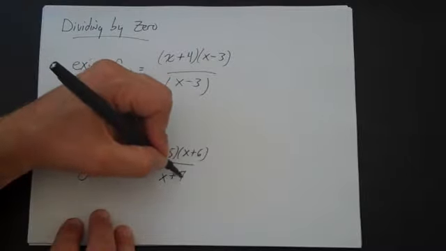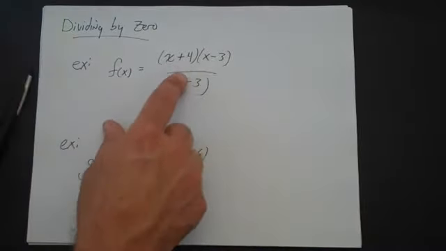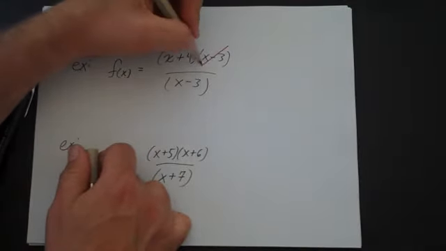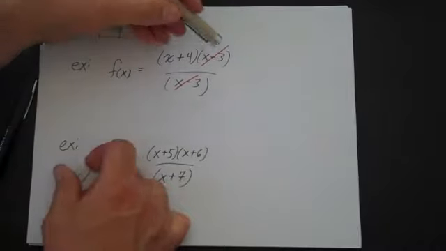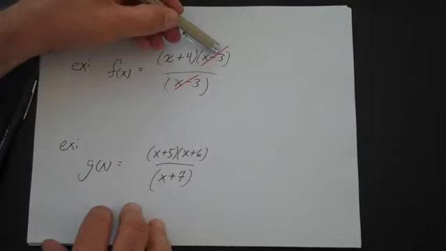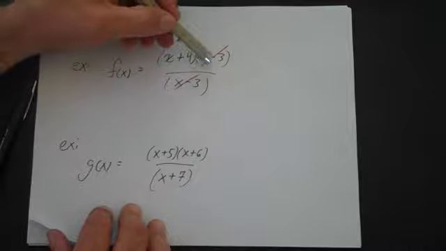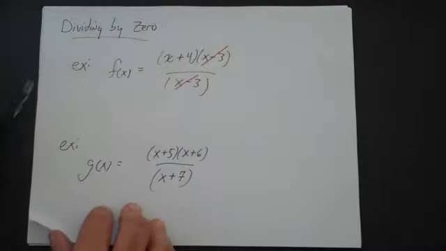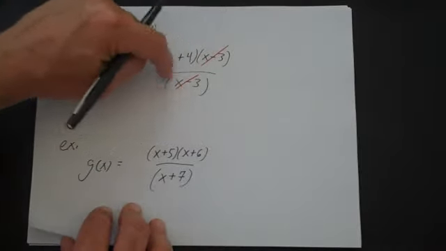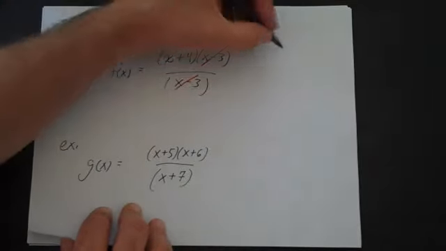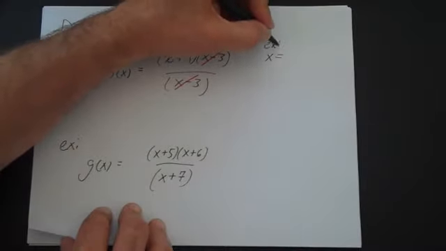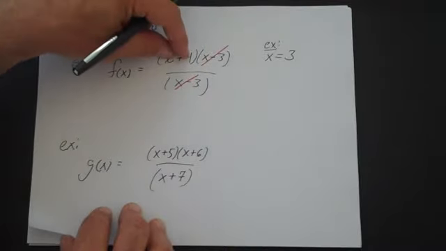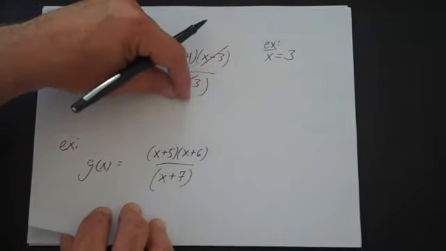In this case, you've got to be careful: if the same term is in the numerator and the denominator, you would be able to cancel these two as long as x is not equal to a value such that you're dividing by 0. So here, x cannot be equal to 3, because if x is equal to 3, let's plug it in, you would get 7 times 0 over 0.